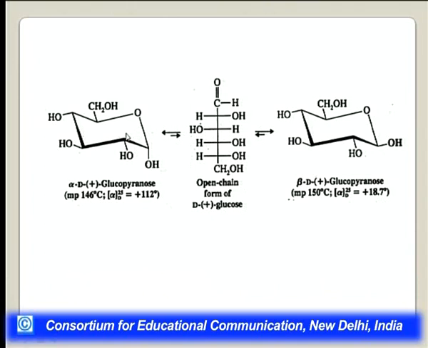So this is alpha D glucopyranose, this is beta D glucopyranose, both interchangeable with each other via the open chain structure. You can see this is the open chain structure of D glucose. So this is called mutarotation, the change of one form to another via the open chain structure.